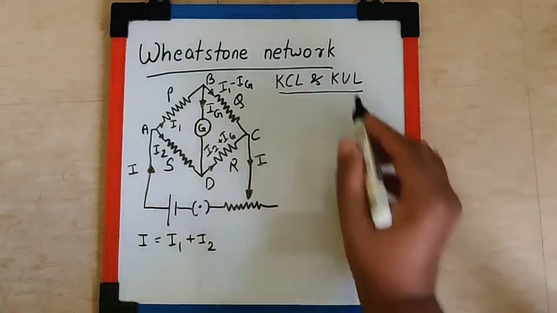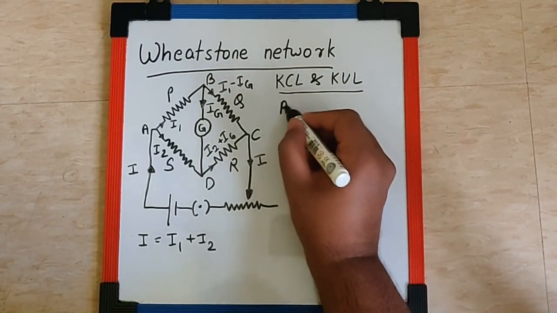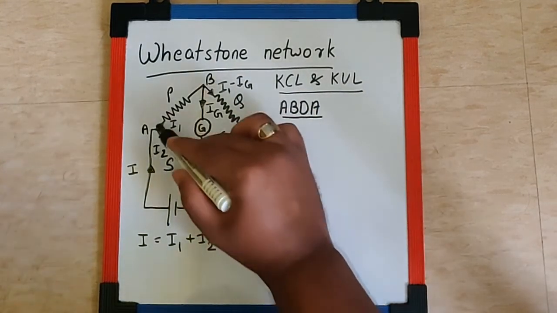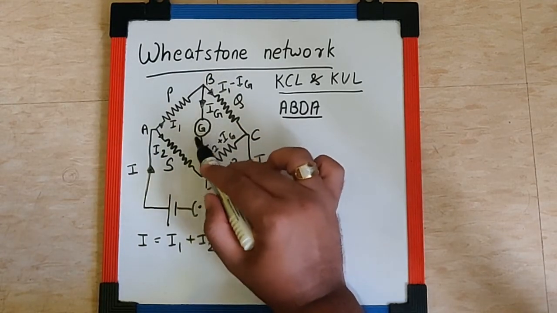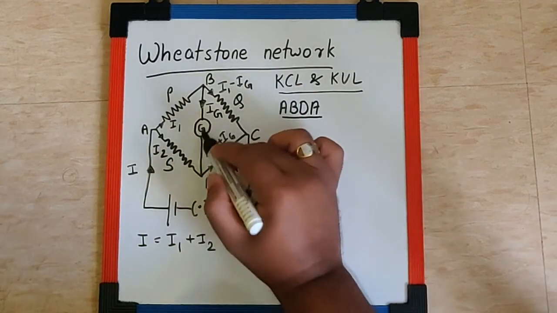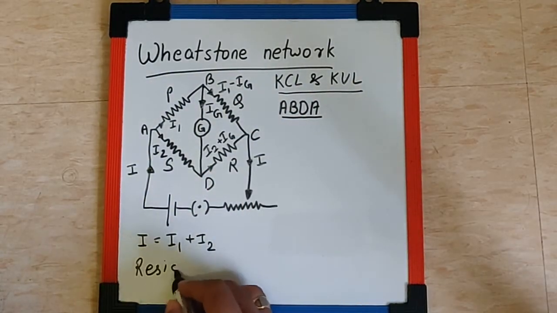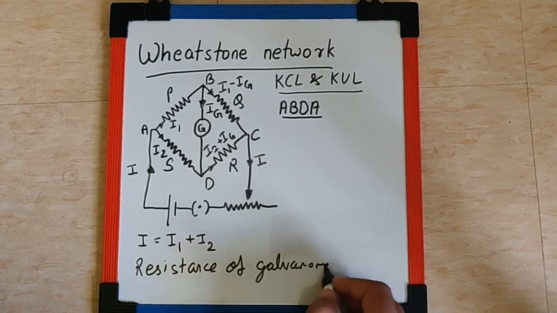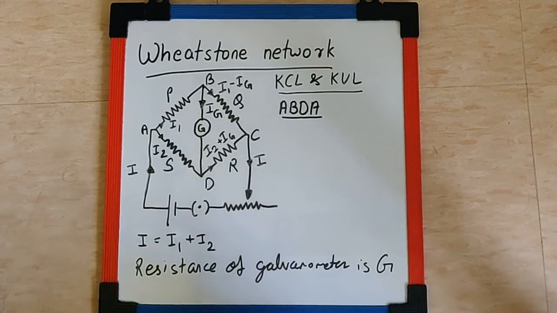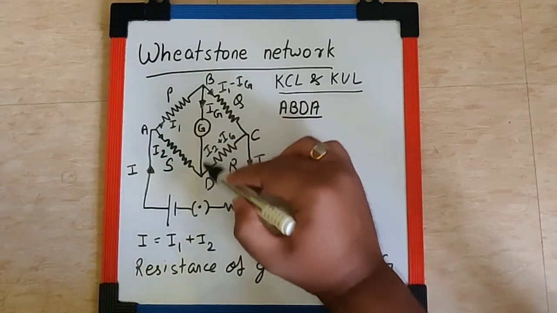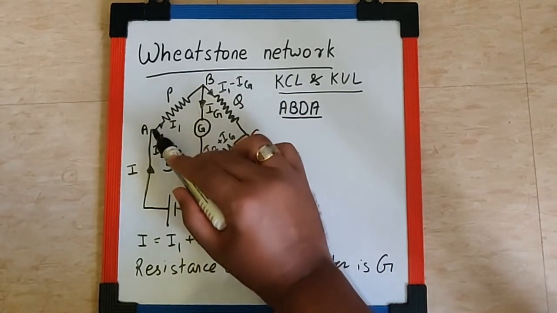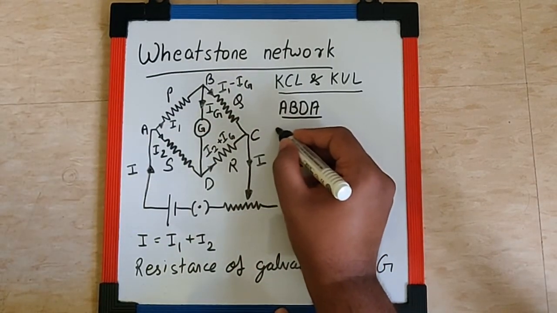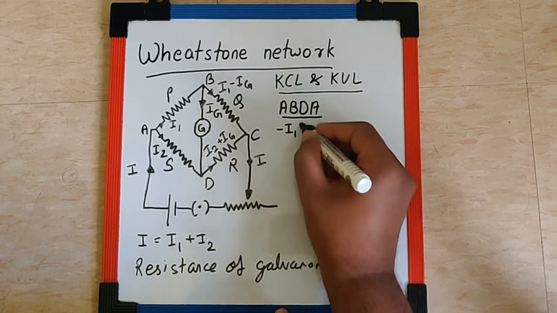Now let's apply KVL in the loop A, B, D, A. Here we are going to assume that the galvanometer has a resistance G. I repeat, the resistance of the galvanometer is G. Let's start from A to B. When we go from A to B, we are going in the direction of current, so as per sign convention, it will be negative I1P.